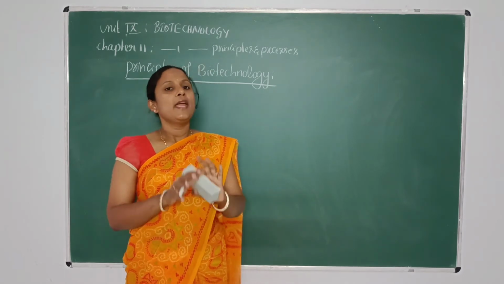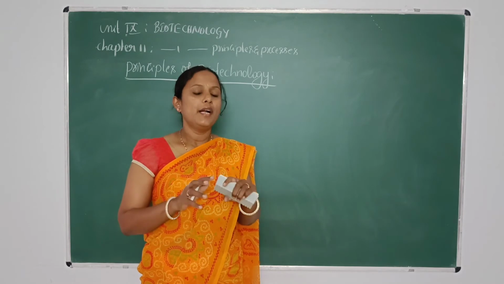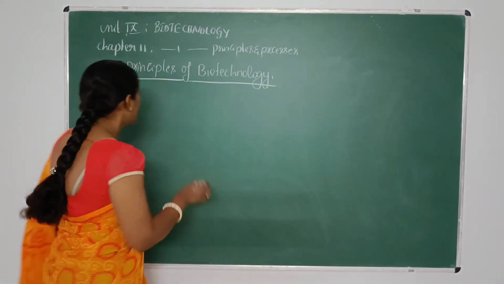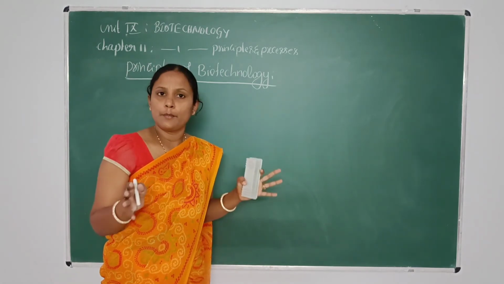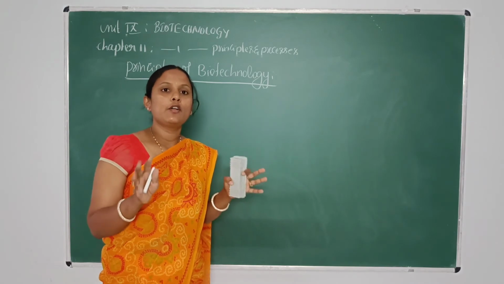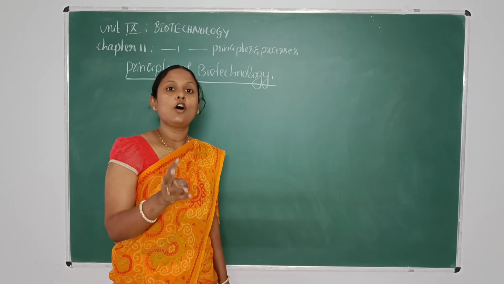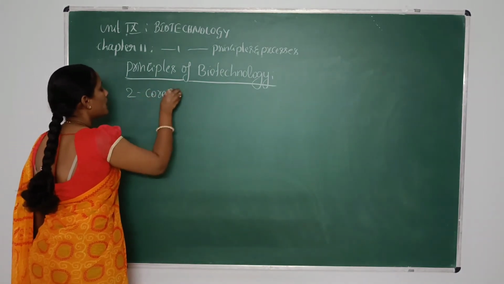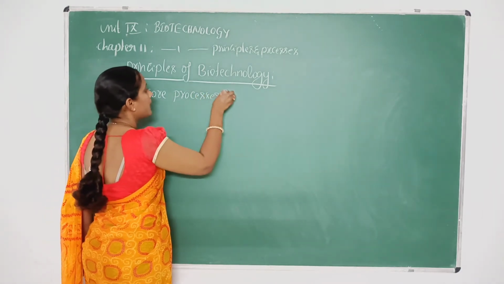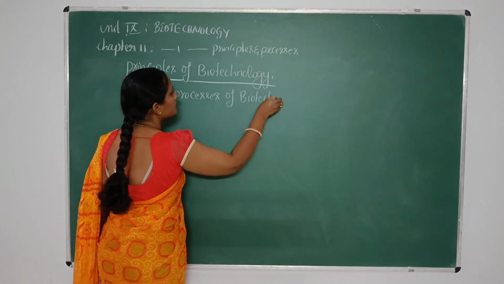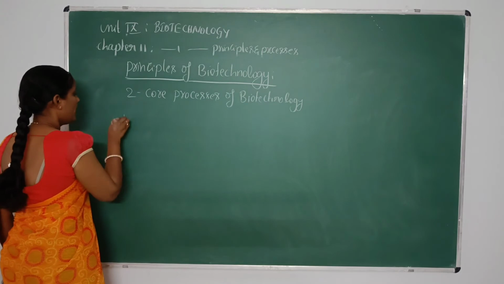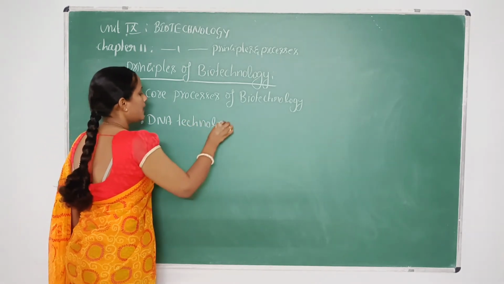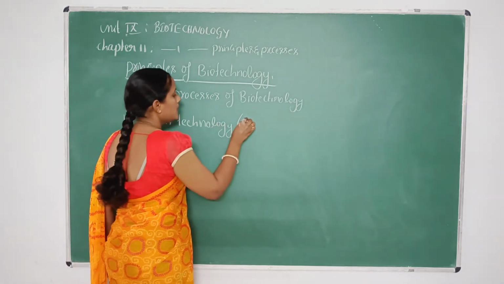No doubt there are many principles involved in biotechnology, but the two important principles, or two core processes, are common for any type of biotechnological process or experiment. The first one is rDNA technology, also called genetic engineering.